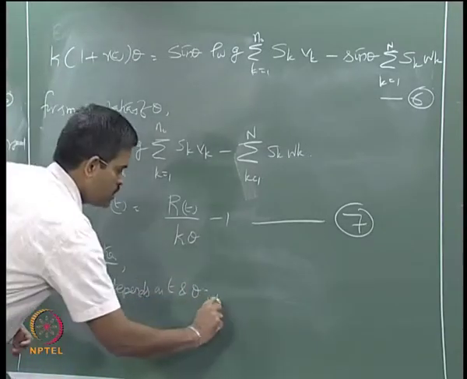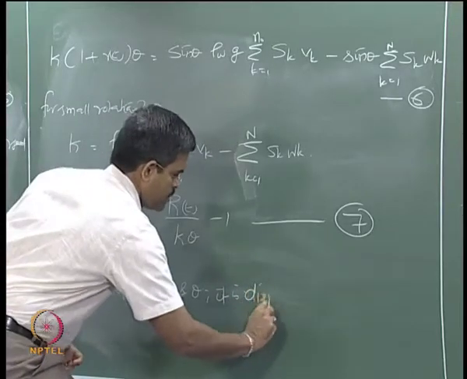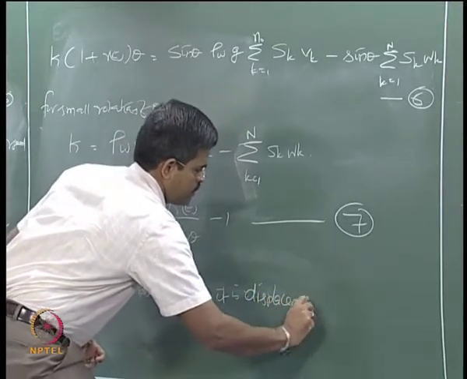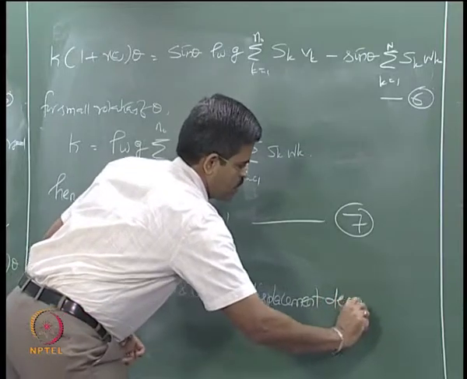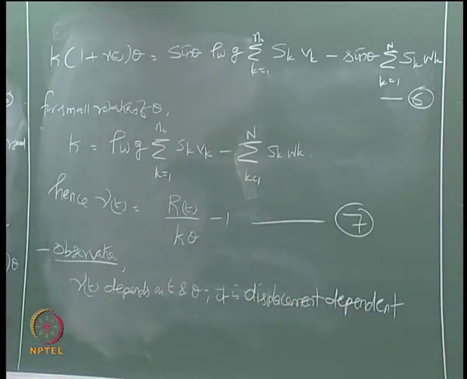So, it is displacement dependent, and displacement is non-linear. Therefore, there is a non-linearity here in the system. So, we wanted to find nu of t and k, we found that.